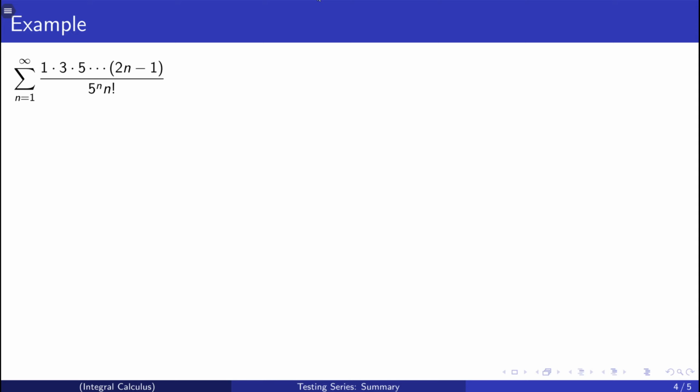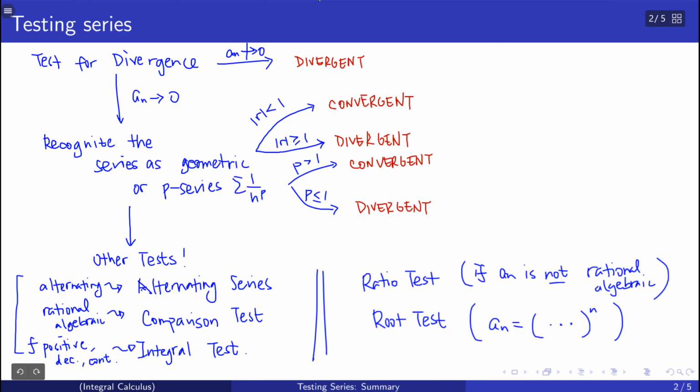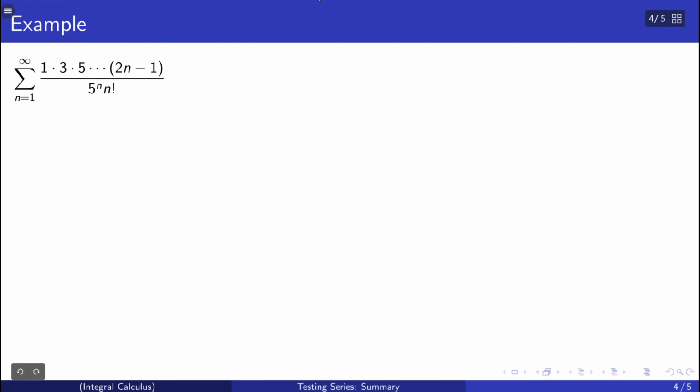So, okay, you can apply the test for divergence there if you want. But that's probably going to go to 0. Right? How do I know that? Well, n factorial down here, and then you have all of these terms up there. And there are n terms here as well.